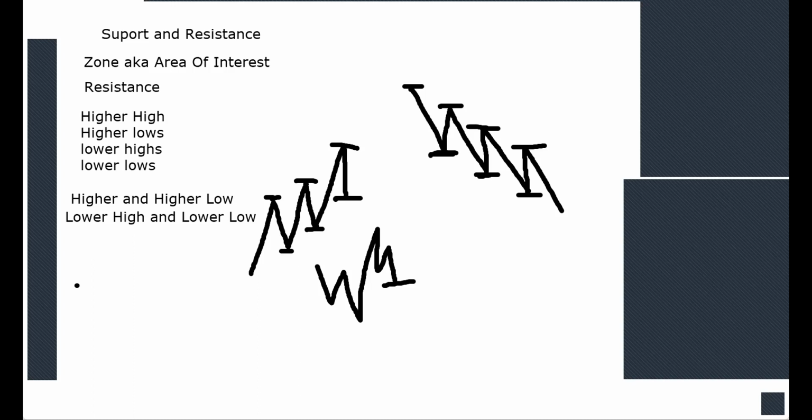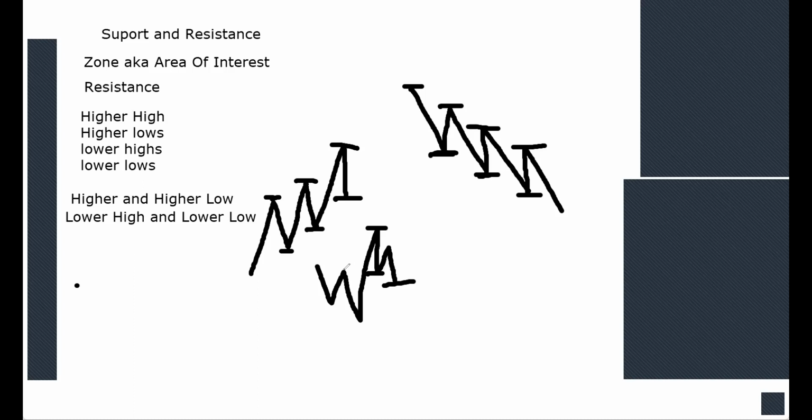Now, just for clarification, the reason why you would not take the sale, he was on the mark, because number one, it created a lower low right here. And then it went up and it created a higher high, followed by, like he said, a lower high.